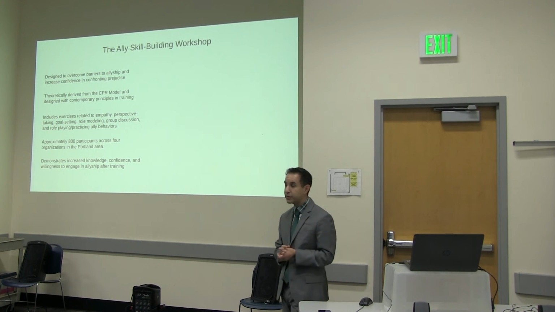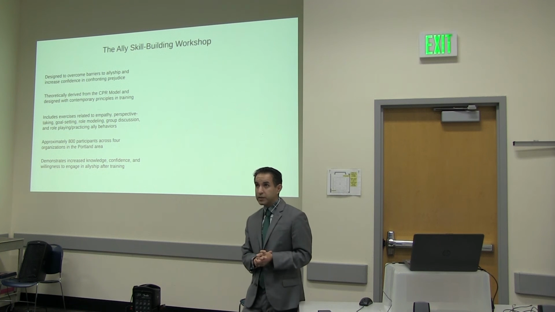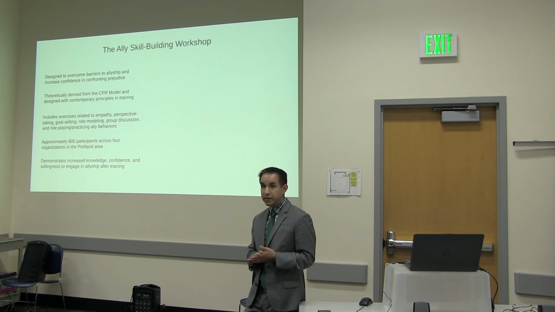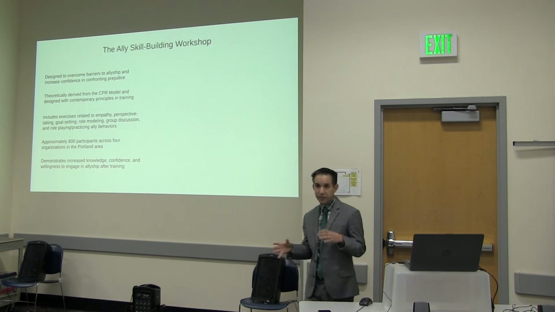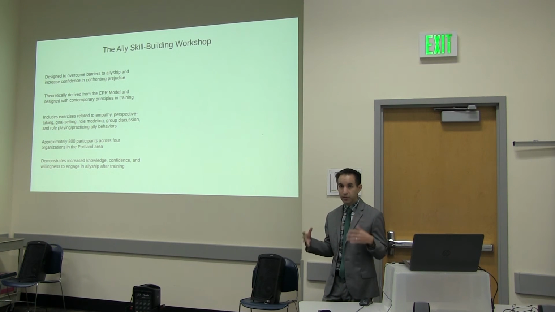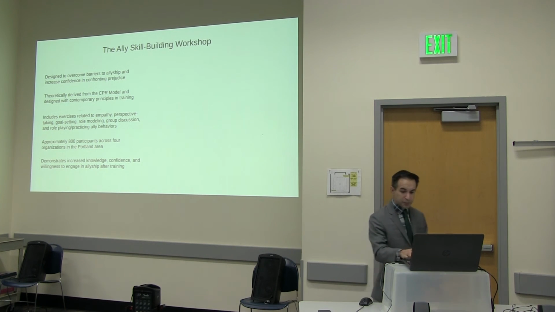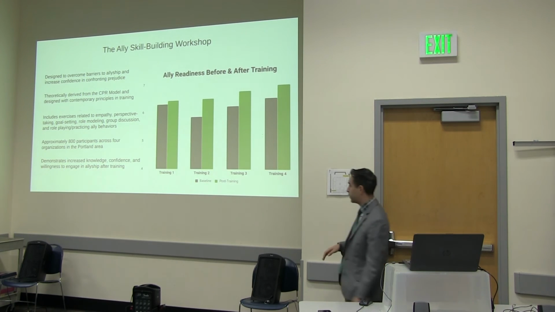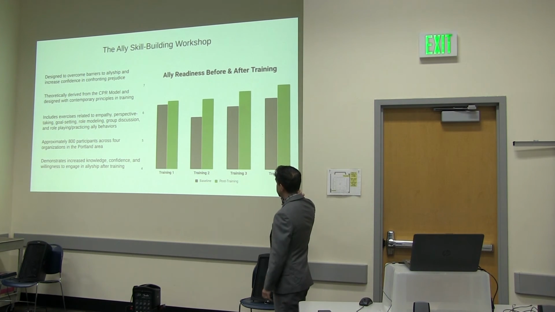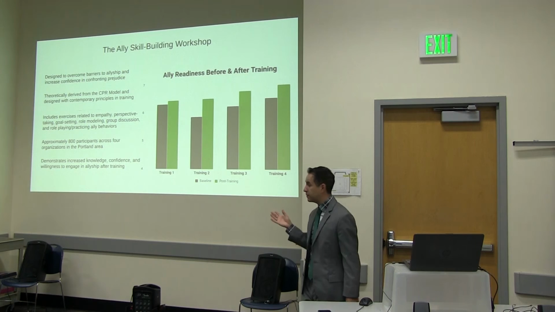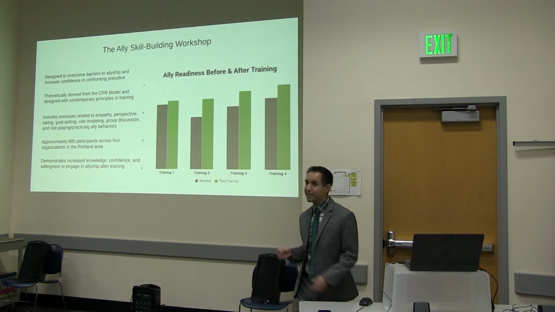What we try to do also is get a good sense of where the organization is. In an ideal situation, we do a needs assessment and see what people are feeling in the organization, and then we can tailor the training to whatever's going on there. So I can show you one of the organizations. These are before and after statistics. They're all statistically significant. Even the first one has a really big sample size.